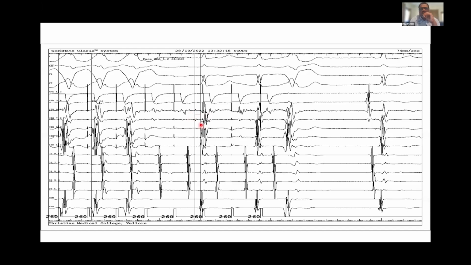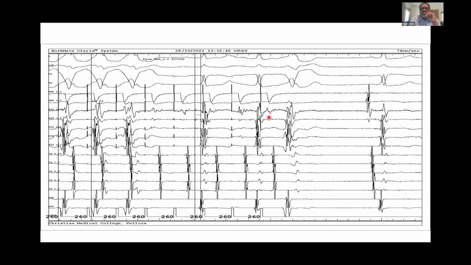Subsequently, the AV node has recovered intermittently, and we have a beat which is showing partial pre-excitation, which is a fusion beat between AV node conduction as evidenced by the His bundle electrogram seen there, and the QRS, which is different from this purely pre-excited type of QRS, and it's between the more pre-excited beat and this beat. It is somewhere in between.